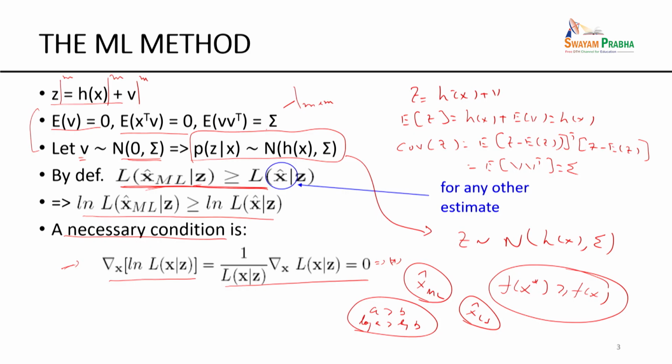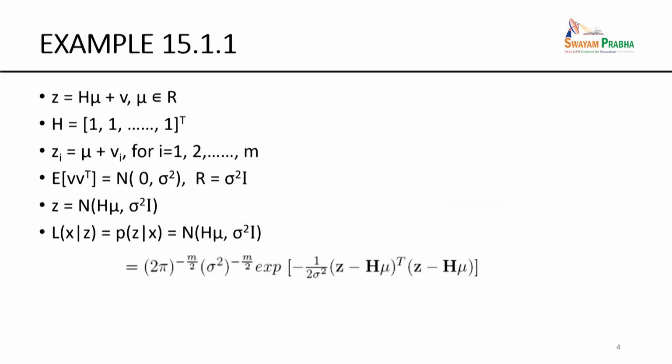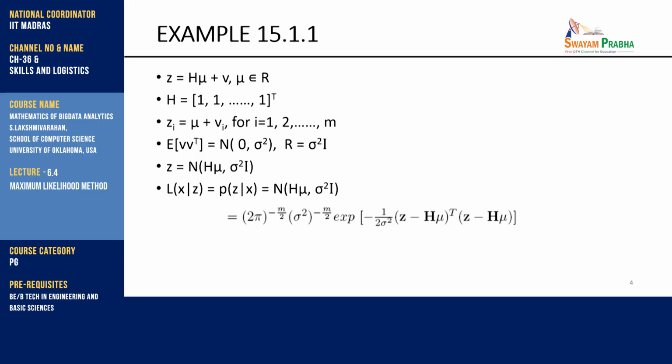So if I am observing something, what is the value of the parameter that will maximize the probability of observing that sample? That simple idea of Fisher, when translated using the mathematical formulation for maximization, leads to the necessary condition given by the last equation in slide 3.